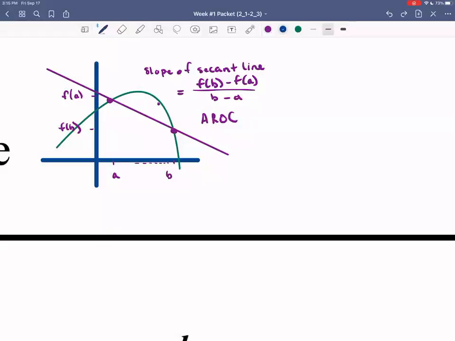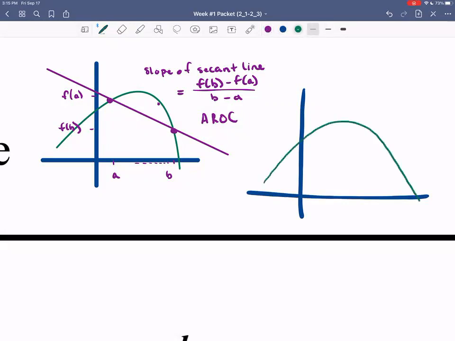So let me draw a new graph here. Again, as our secant lines approach a specific point on our graph, the line becomes what we call a tangent line to the curve.